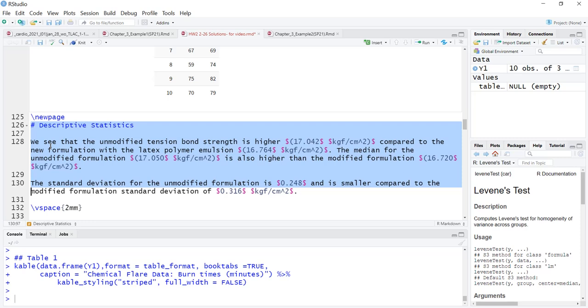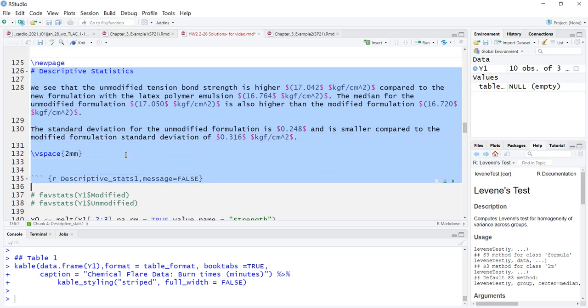Now let's see. Do I need it anywhere else? I can't remember if I need it somewhere else. No, I don't see where I need it. If I needed it somewhere else, I'd leave it in here so that I could use it. Okay. So since it's not requested, I'm just going to take it out.